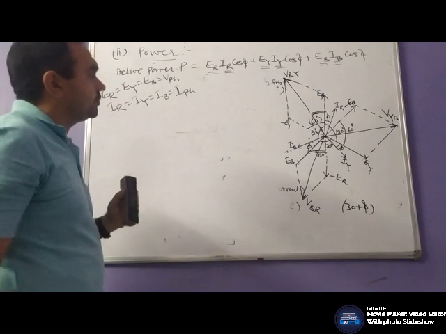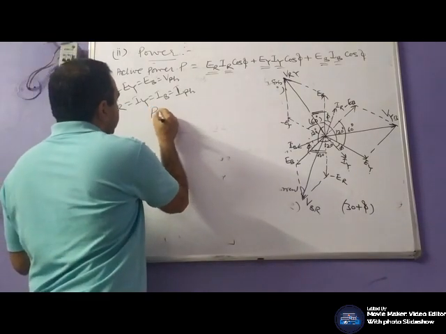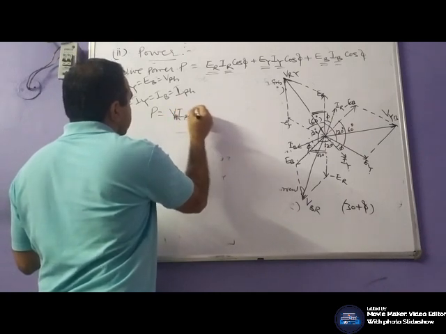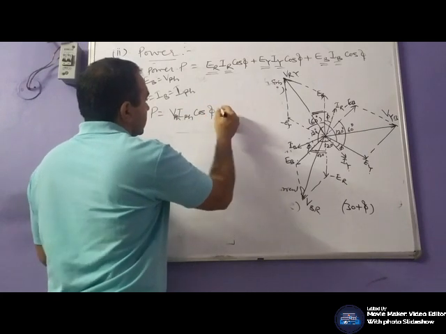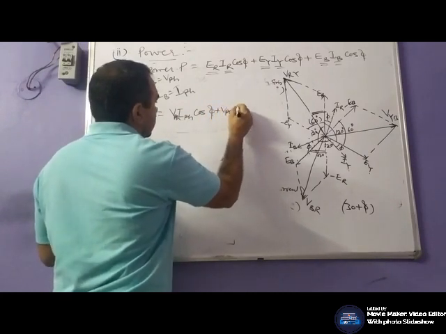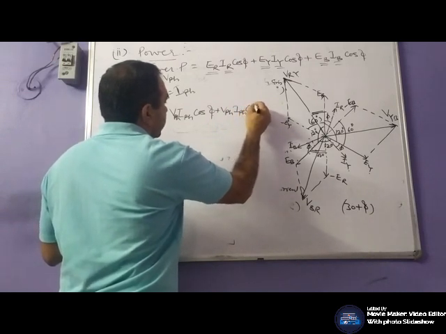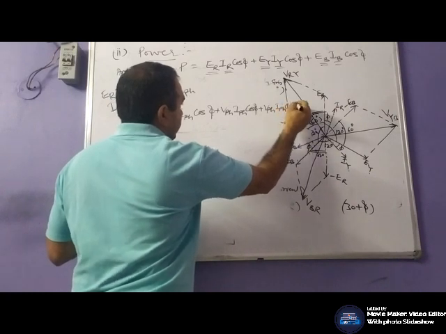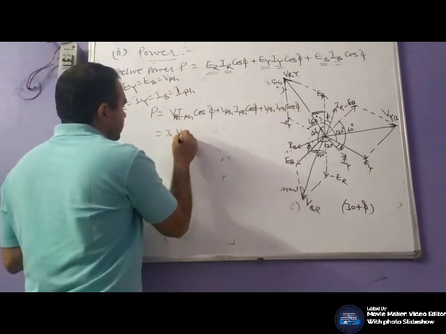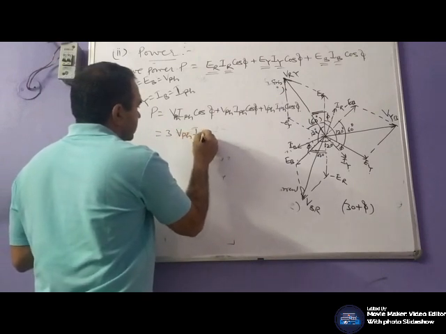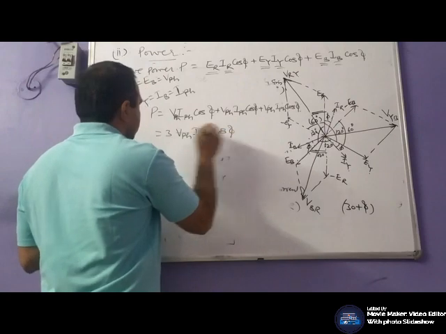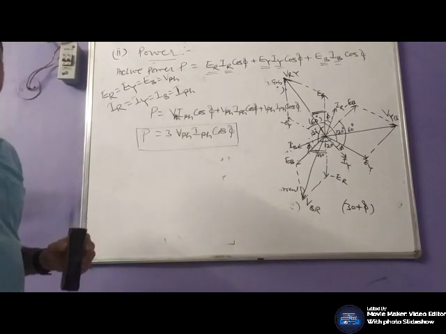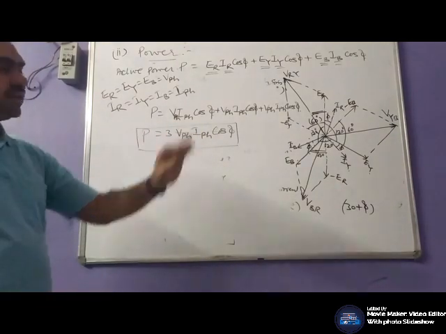For a balanced system, the active power will be V phase I phase cos of phi plus V phase I phase cos of phi plus V phase I phase cos of phi. Means 3 times the single phase system, 3 coils, so it will be 3 times.